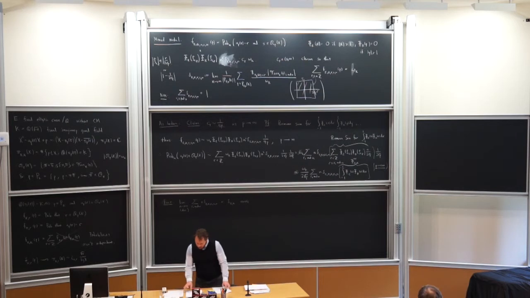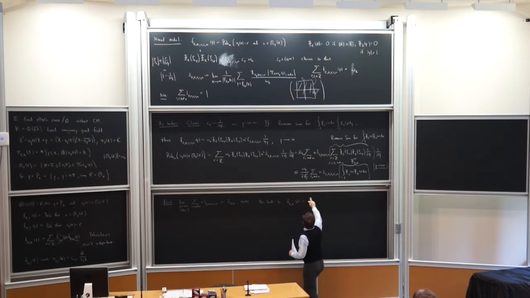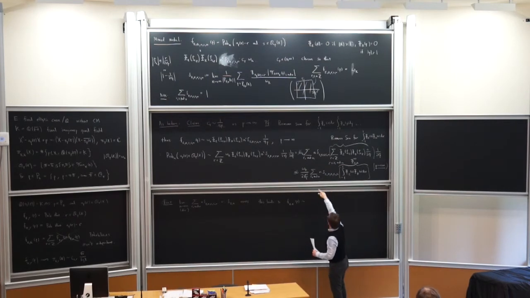So once we have that, if we know that, then this leads to: f e k should be just this limit right here as n goes to infinity, times all this other stuff.